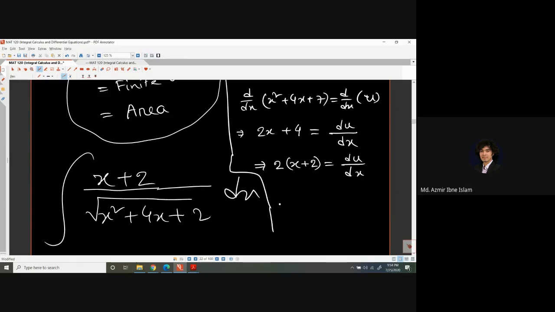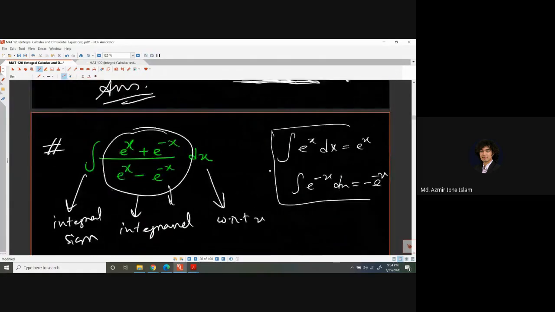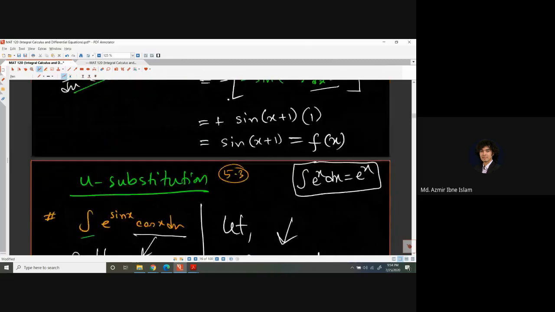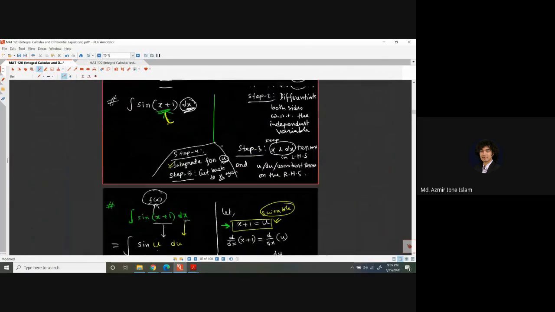So the final step is step 3. Step 3 says that we need to keep the x terms and dx terms on the left side, and on the right side du and constant terms. So here we have constant 2, on the right side it will be 1 by 2. Let's have a look at the steps again. We are following these steps.